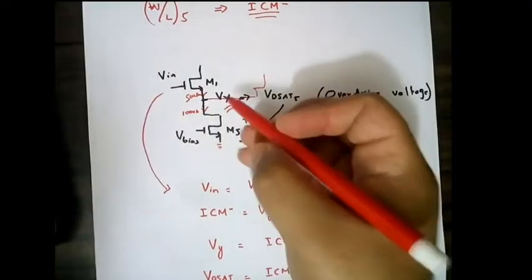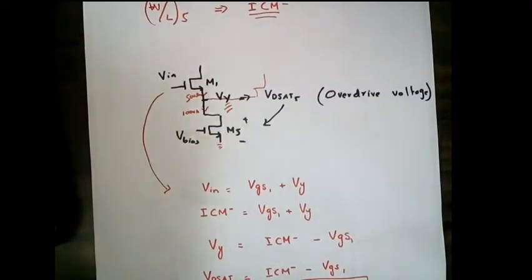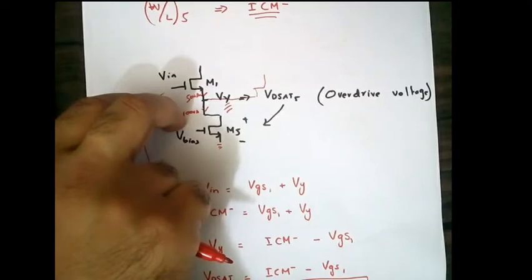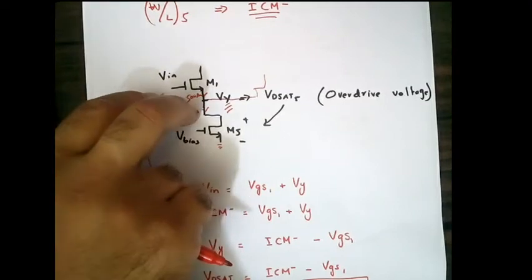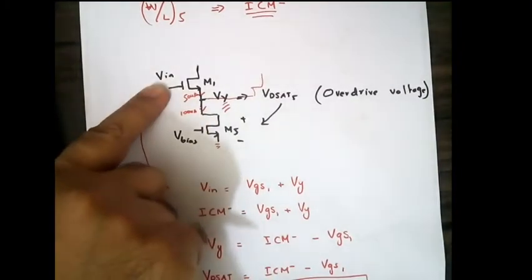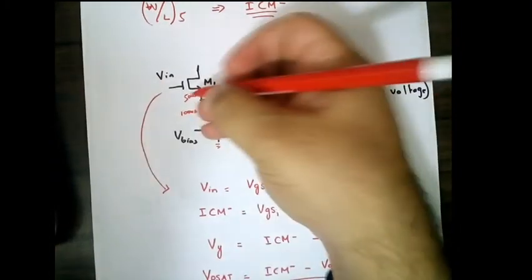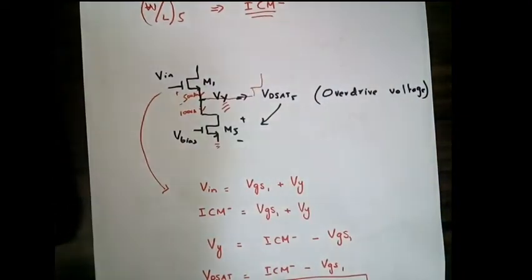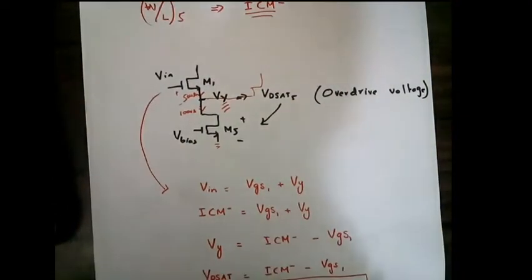We need to find this point Vy, and we can find it from Vin minus VGS1. Vin is equal to VGS plus Vy. Which value of Vin should we use? The minimum value which we are applying, since we are talking about VDsat. What is VDsat? The minimum value which needs to be applied across M5 so that it remains in saturation.